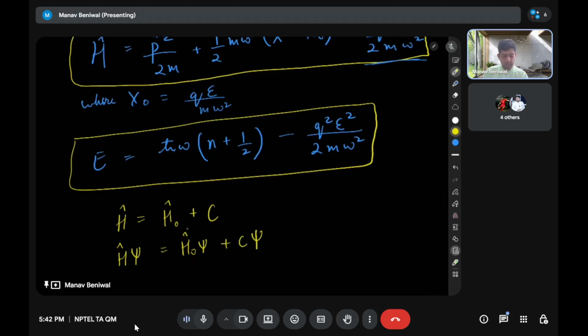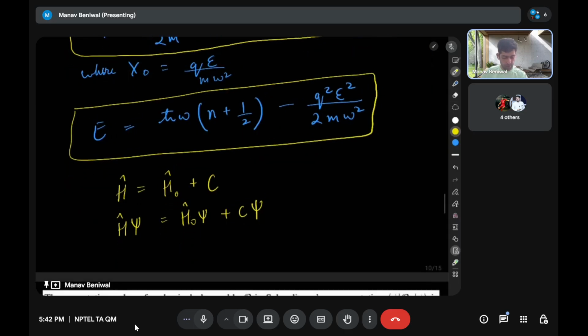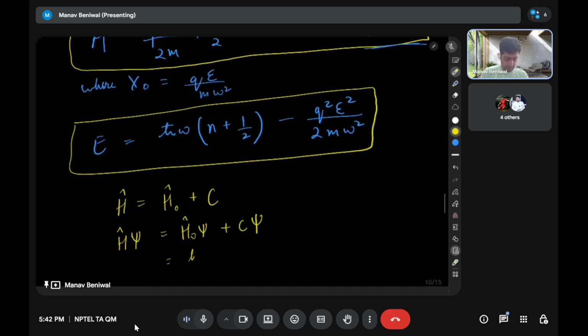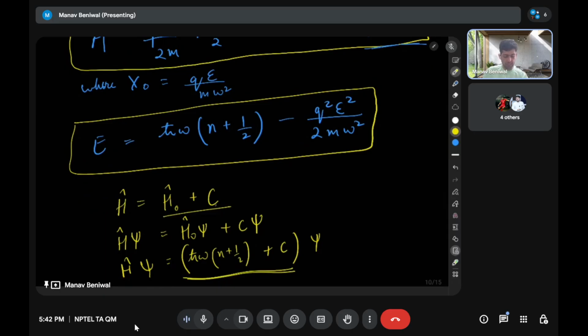And if I know the eigenvalues of this H naught, let's say this is our harmonic oscillator, I can directly write them as h cut omega (n plus half) times psi, and then this is some constant times psi. So essentially, I can just take this constant and multiply it with psi. So the eigenvalues of H are this thing, right? Whenever we have a constant energy term in our Hamiltonian, it just comes out directly here.